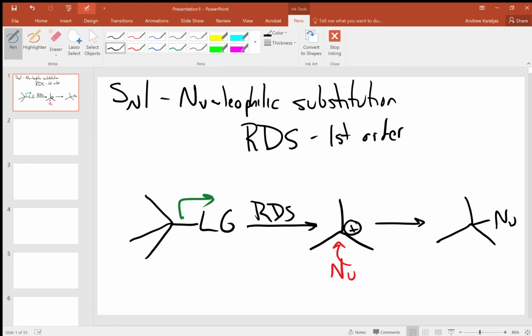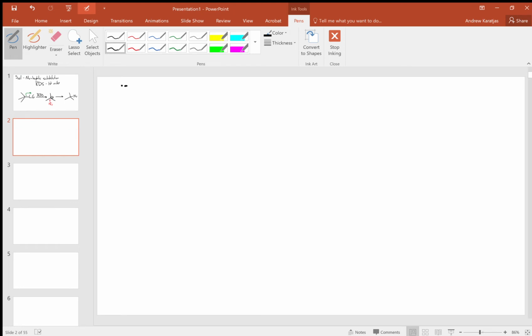Now, there's a number of factors that you can look at to affect the SN1 reaction. One of the main ones is solvent. In an SN1 reaction, the reaction generally prefers a polar protic solvent.